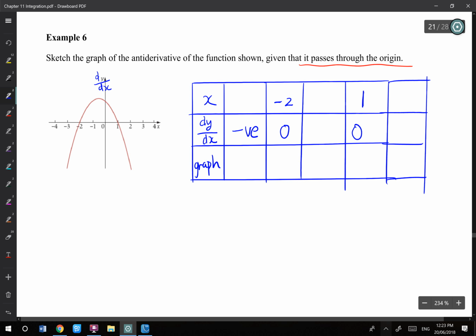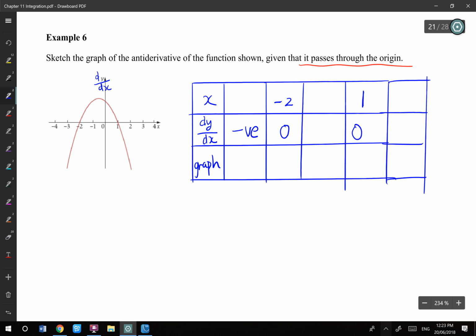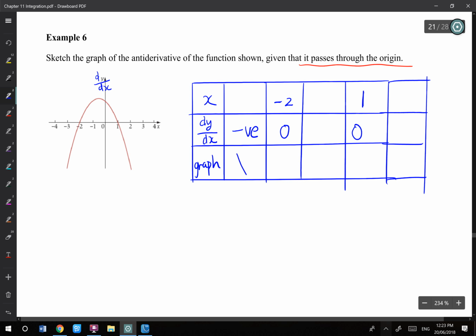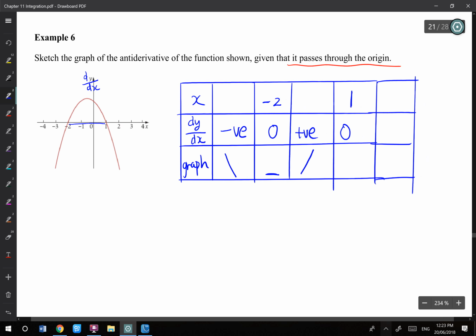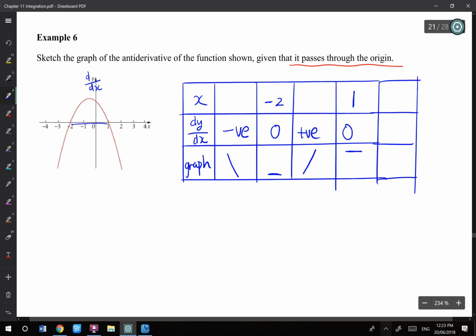Below the x-axis, the derivative is negative, so it's decreasing. In between -2 and 1 it is positive, and it's increasing. And after 1 it is below, so I will have negative and it's decreasing here.